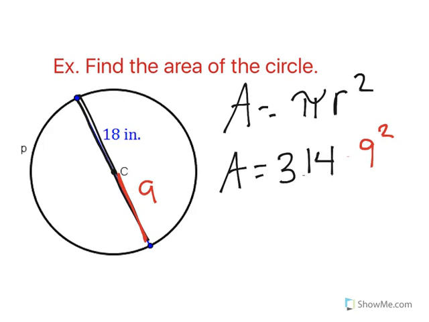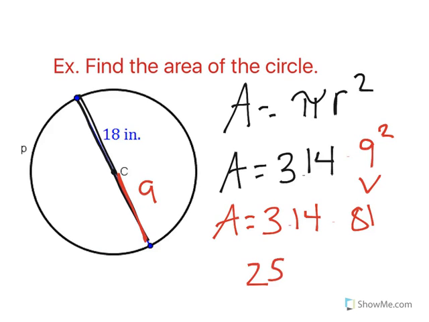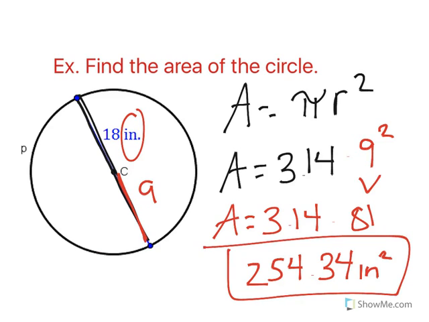A lot of sixth graders mess up and put 18 as the radius, so be really careful about that. 9 to the second power is 81, so my area equals 3.14 times 81. And you're going to get 254.34, and that's going to be in inches to the second power because area is always to the second power.